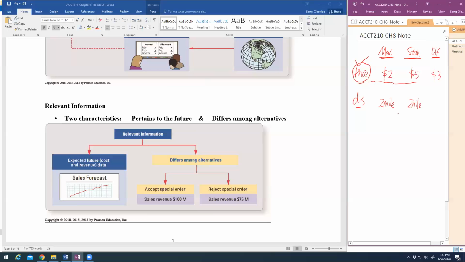Is there any difference? The difference is 0 because they are both 2 miles. Is this information relevant or not? It is not relevant because no matter whether you go to Starbucks or McDonald's, you have to drive 2 miles.